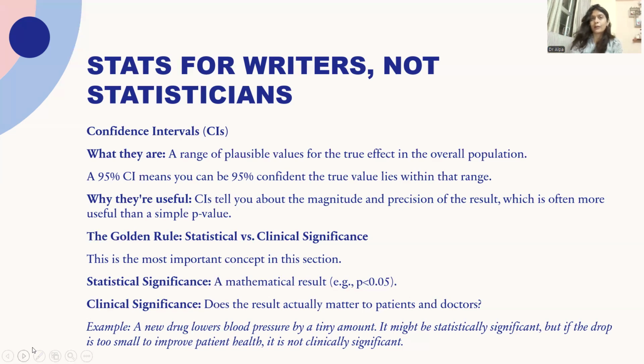The drug was showing effect in this population cohort. But if the patient is not perceiving the effect of the drug to a significant extent, then the drug becomes clinically insignificant, right?